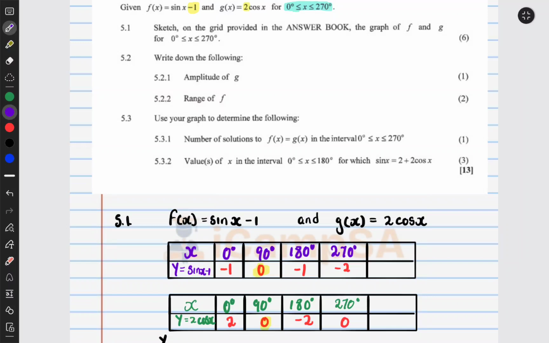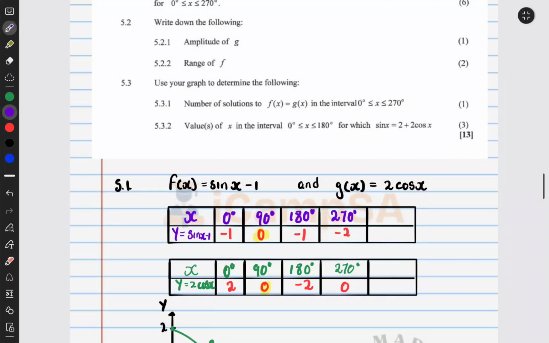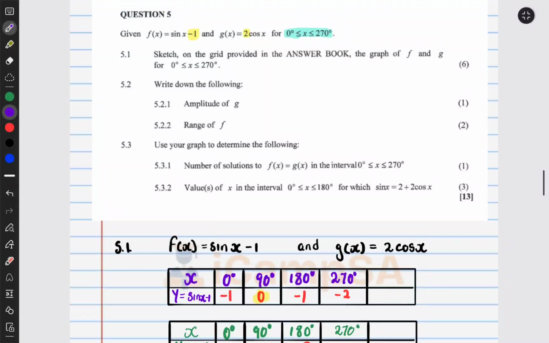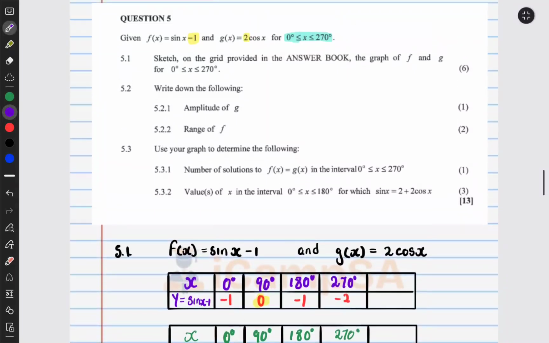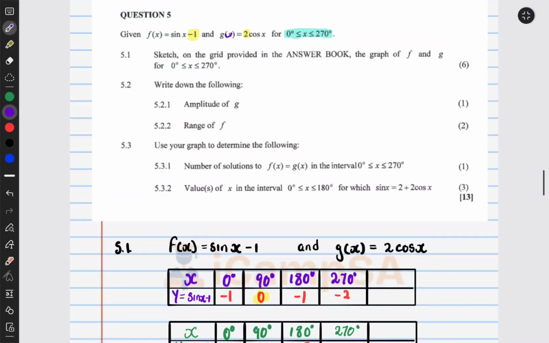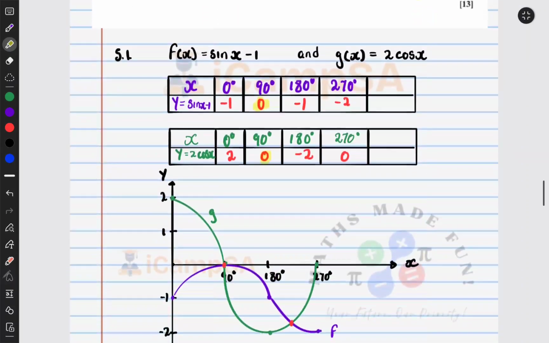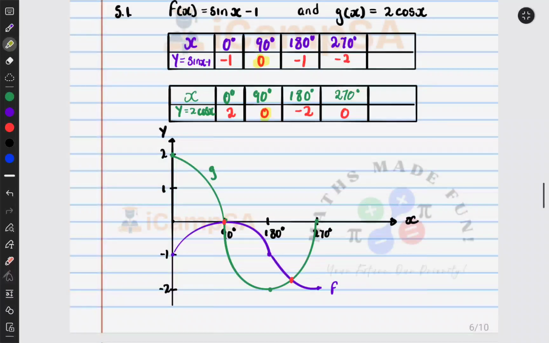So this one you have to actually be able to see. Remember that 2 cos x is that g function, and then we have sine x minus 1. That is the f function that we have constructed here.